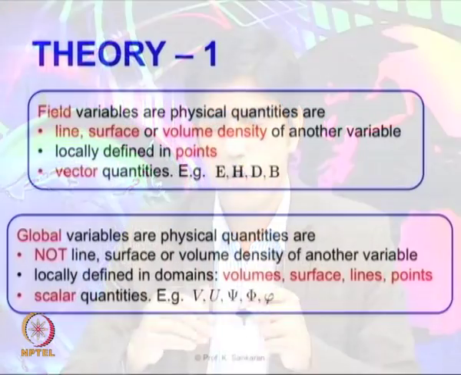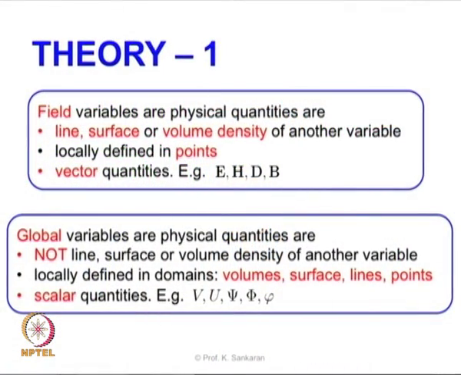If it is associated with a point, the point is the domain itself, like in the case of the electric scalar potential. Similarly, the electric flux is defined on the surface, and these are the domains. They are all scalar quantities as compared to the field variables, which are all vector quantities, and they are defined on the volumes, surfaces, lines and points, which are the domains associated to those particular global variables. So this is the basis of the global variables.